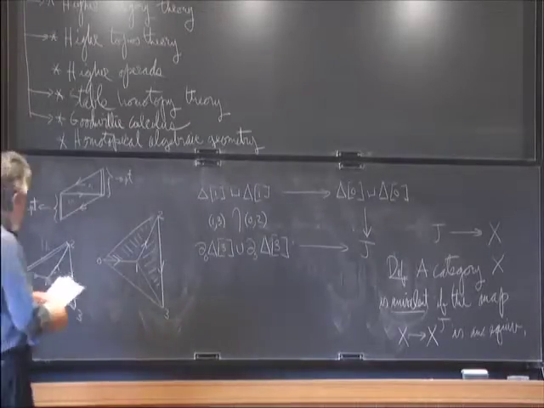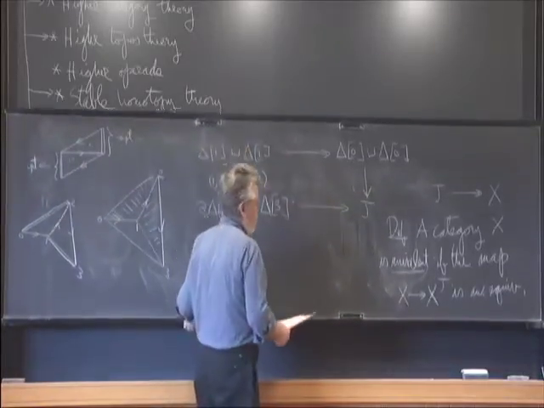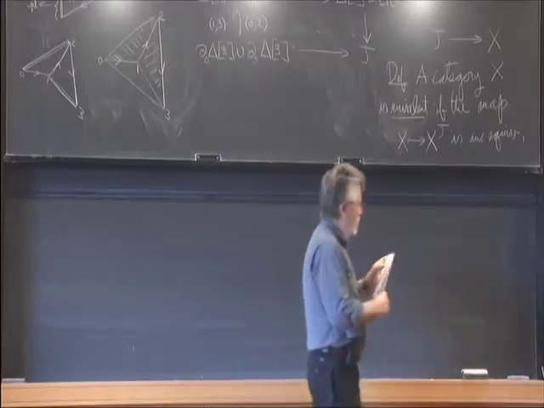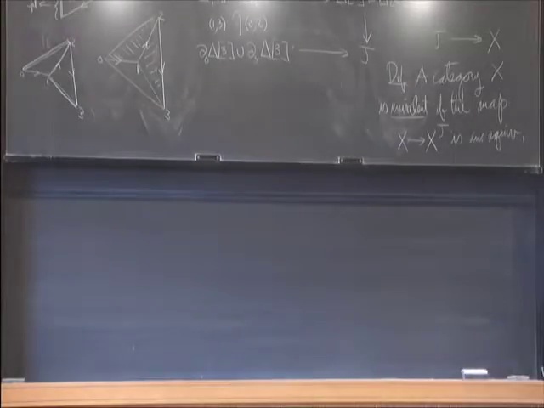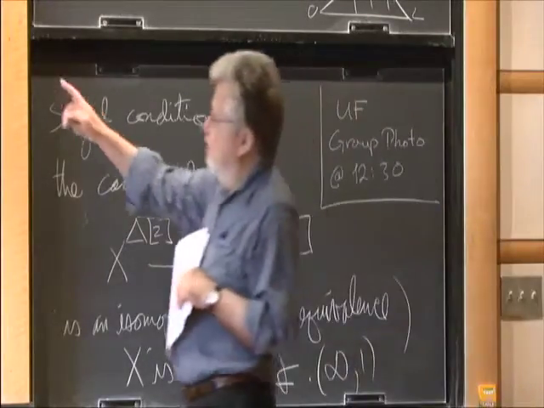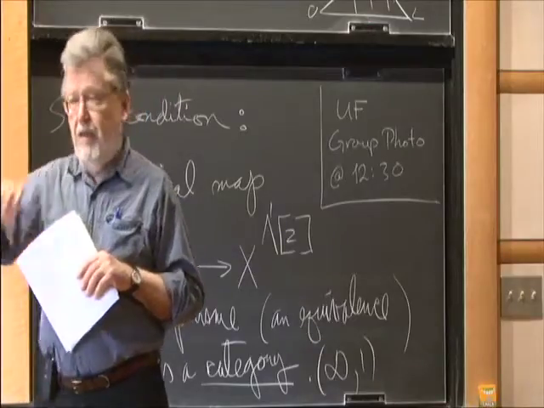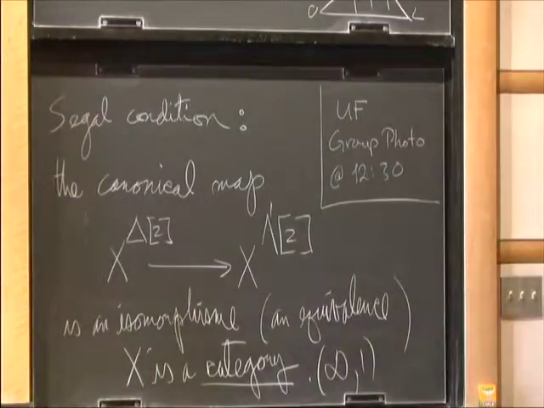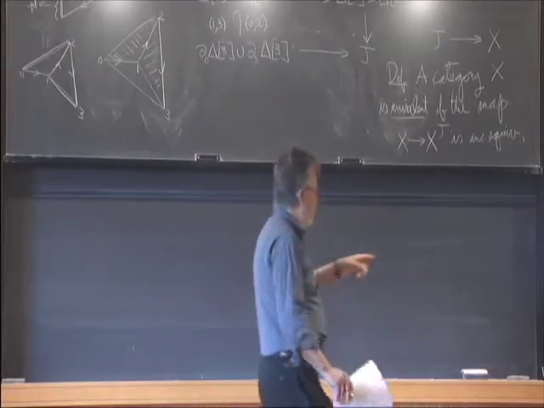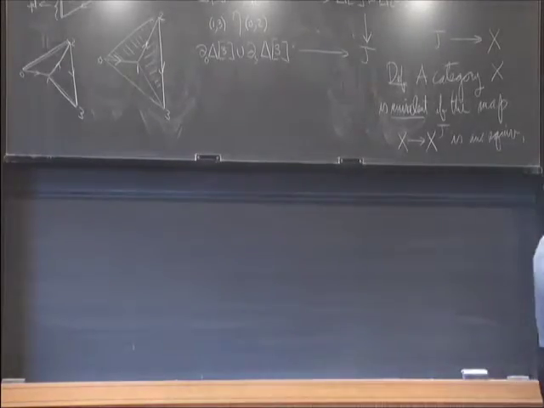Okay, now maybe some people here would like to call that a pre-category and to call that a category. That's a matter of debate. The reason I prefer to call that a category is that a groupoid is a special case of that.